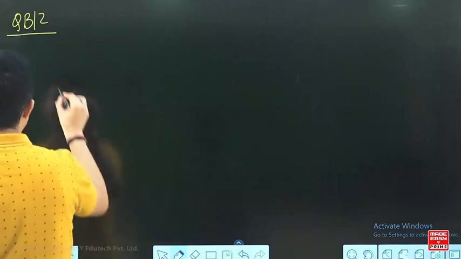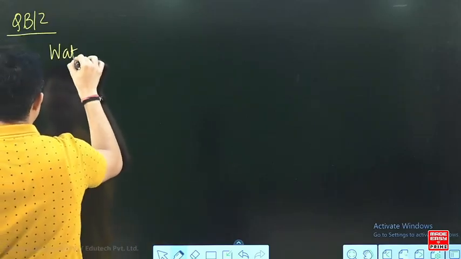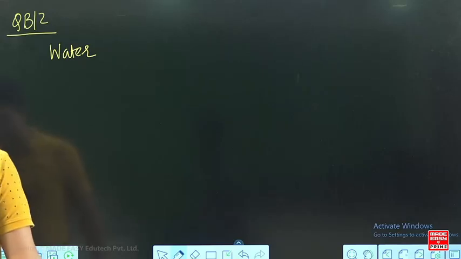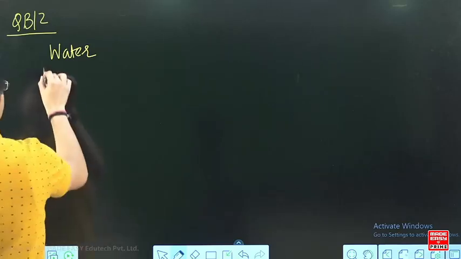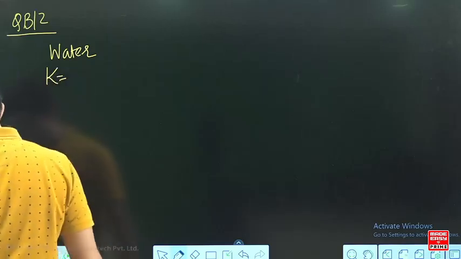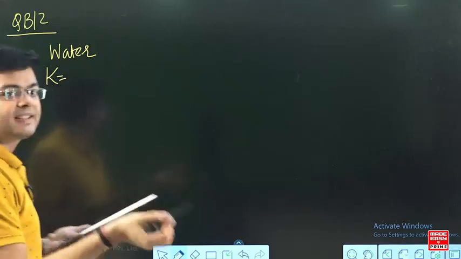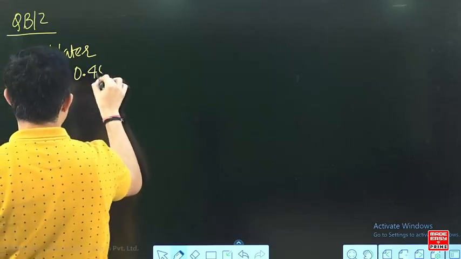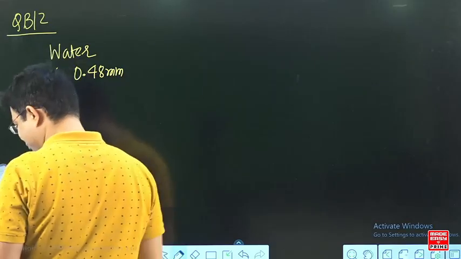A pipe carrying water. So there is a pipe in which you are carrying water. It has average height of roughness. The average height of roughness is K. K is the height of roughness, okay? K is 0.48 mm.